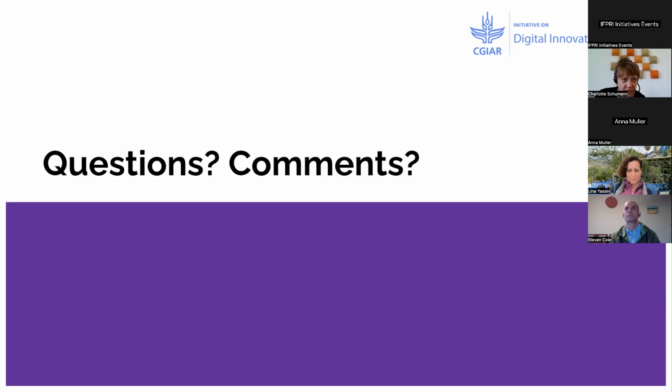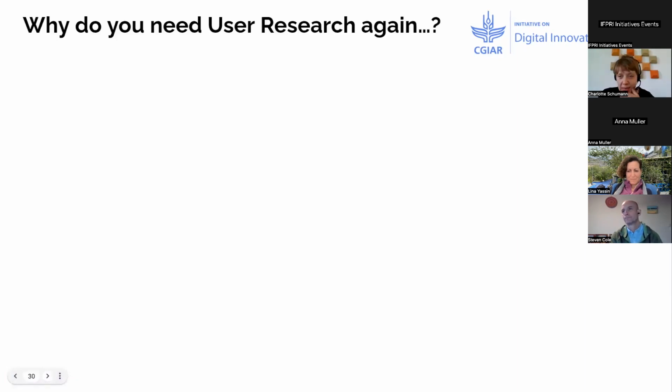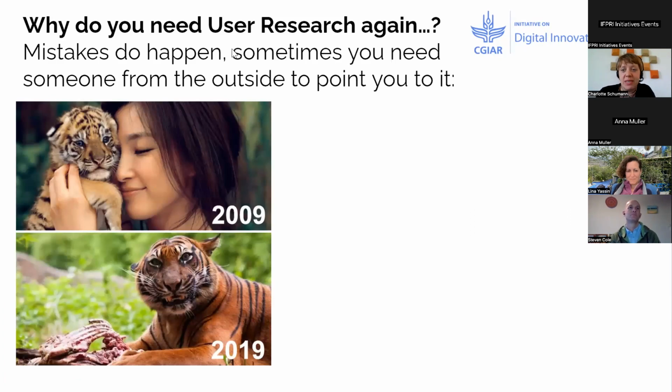There's a long discussion to be had about this, and we're a bit short of time. I want to give you a quick wrap-up on why we think user research is needed so much, and forgive me if it's a funny slide. We know that in designing products, mistakes can happen.